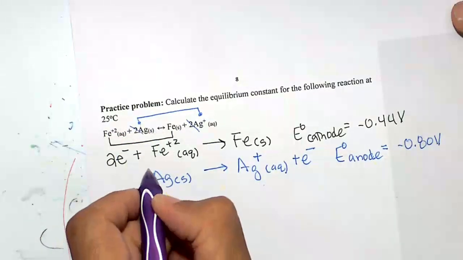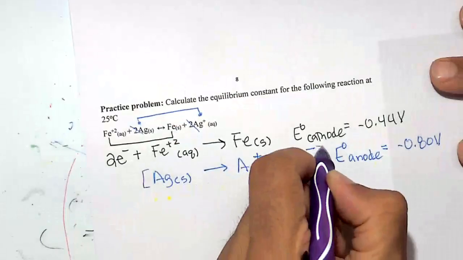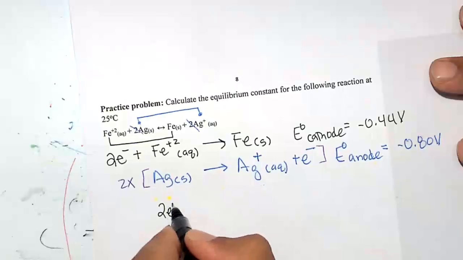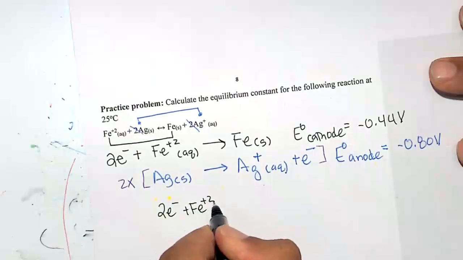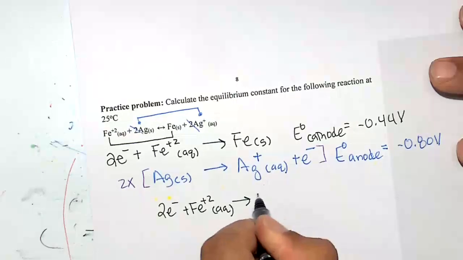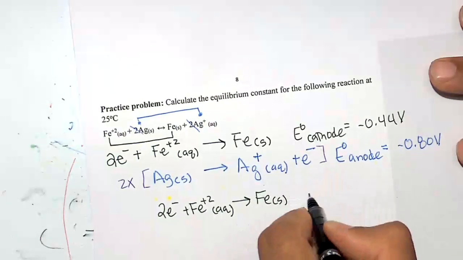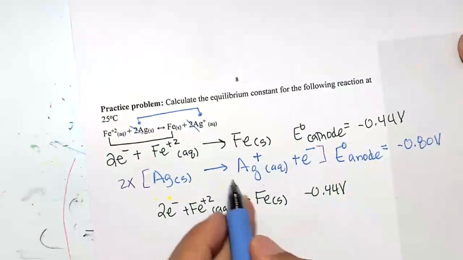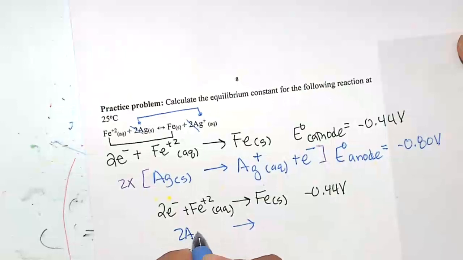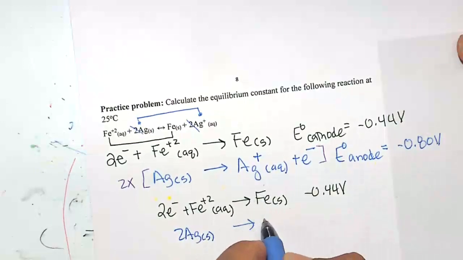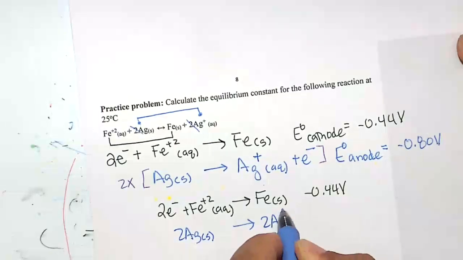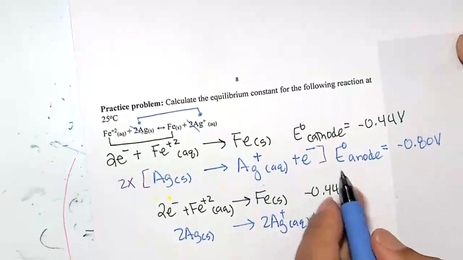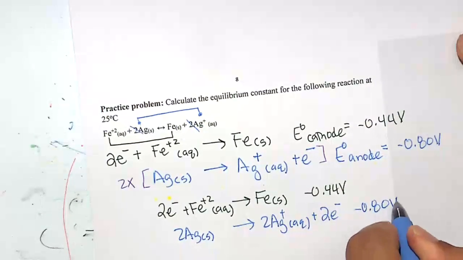Okay, we're going to multiply the bottom reaction by 2 to cancel out the electrons. Everyone see this? Okay, so this is a 2 electron transfer reaction. Okay, remember I multiply by 2, but this still stays the same.